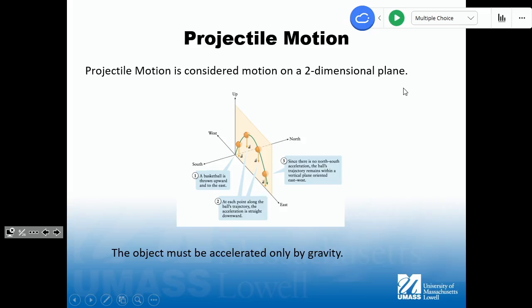So all we're saying is that the horizontal and the vertical components of motion can be dealt with separately. We can literally break up motions into motions along straight lines which are perpendicular to each other. And that's how we deal with two-dimensional and three-dimensional motion.